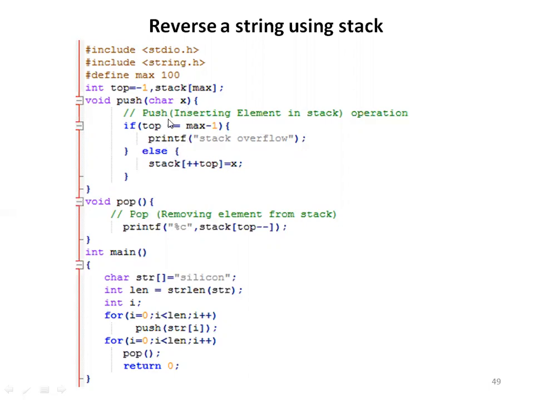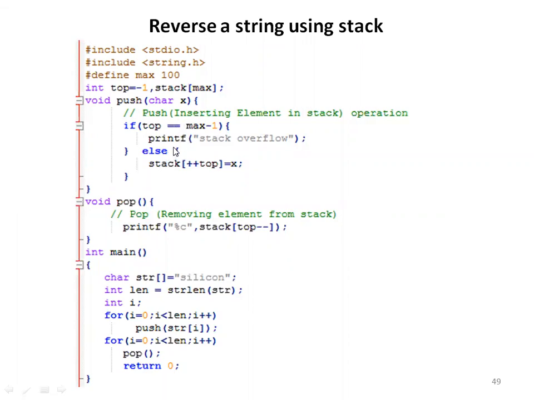For pushing onto the stack, first of all you have to check whether the stack is overflowing or not. How to check that? By using this condition: if top equals MAX-1, then you cannot push, because the stack is already full. So you just print the message that the stack is overflow. Otherwise, if the stack is not full, then you can easily push the element onto the stack.